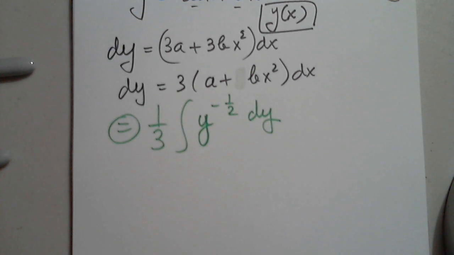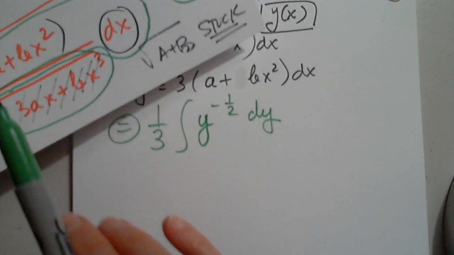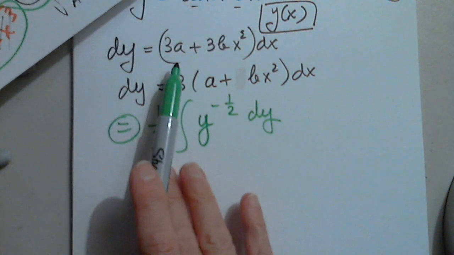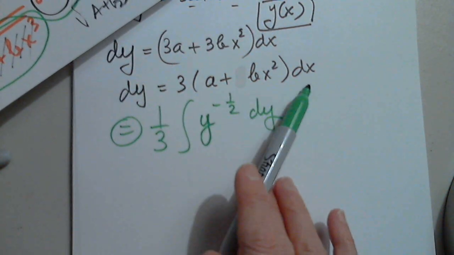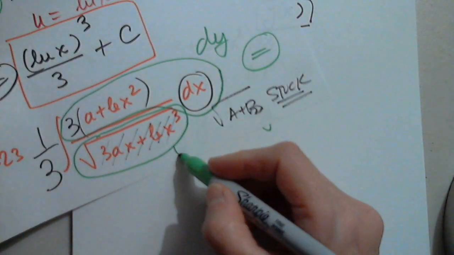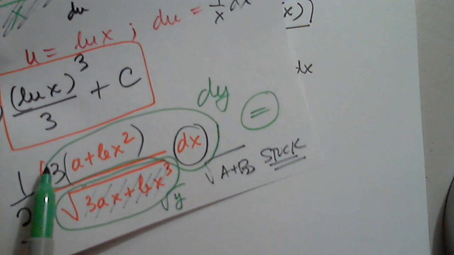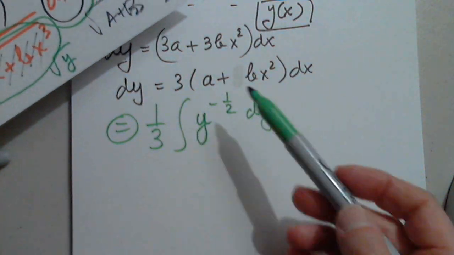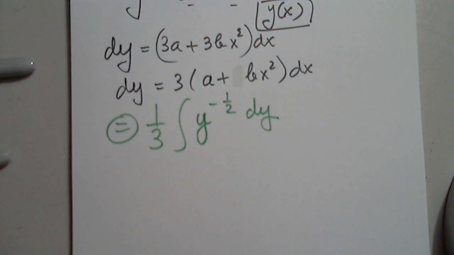So, again, we replaced 3a plus bx squared times dx by dy. We were left with 1 over the square root of y, which was replaced by y to the negative 1/2. Why? Because I wanted to get it done.